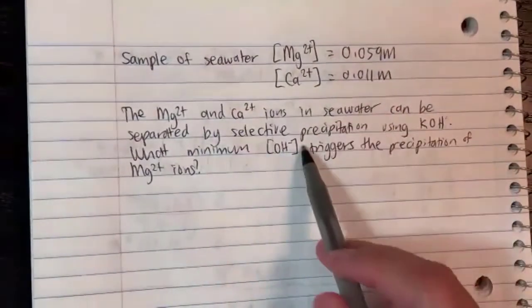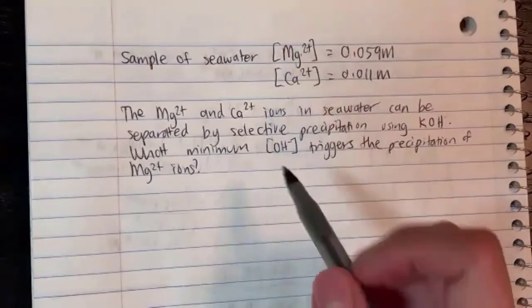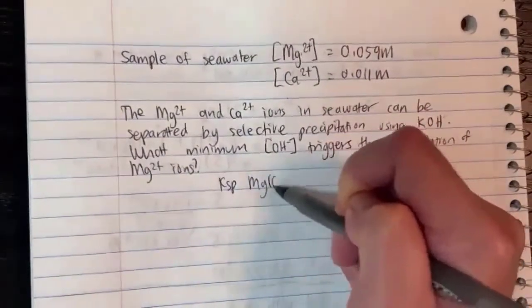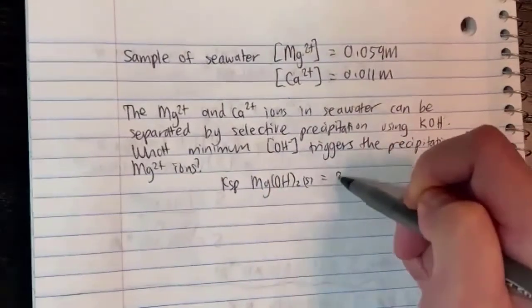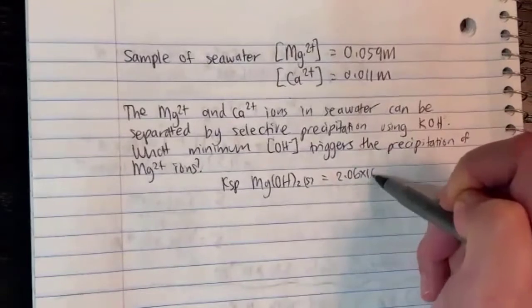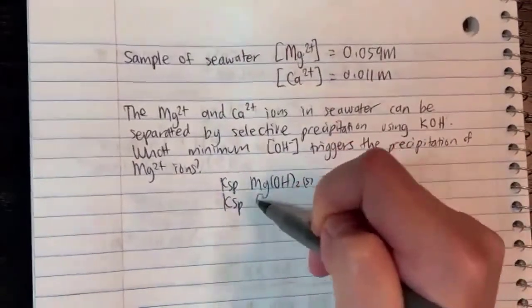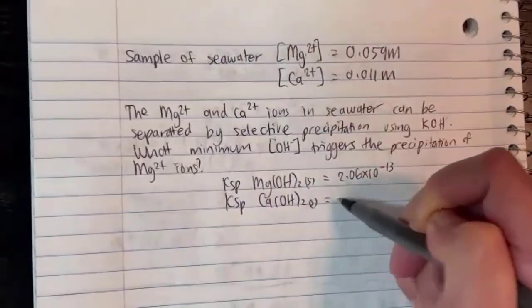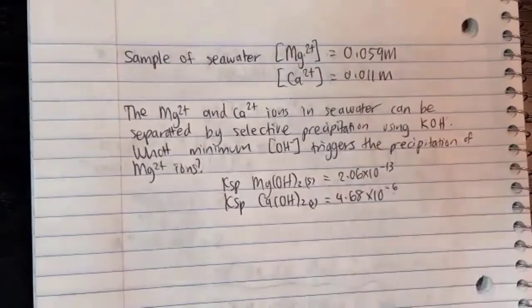Since you're talking precipitating with hydroxide, you're going to make the metal hydroxides here. So KSP for the magnesium hydroxide is 2.06 times 10 to the minus 13. KSP for CaOH2 is 4.68 times 10 to the minus 6.